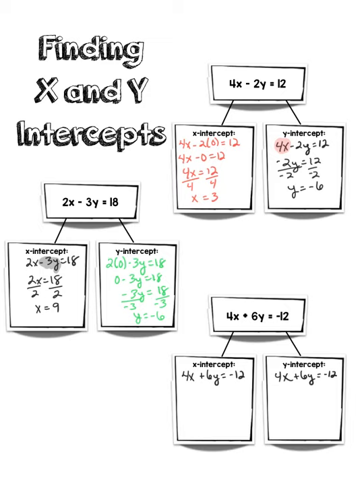I want to find the x, so I'm going to cover up my y. 4x equals negative 12. Divide both sides by 4. X equals negative 3.